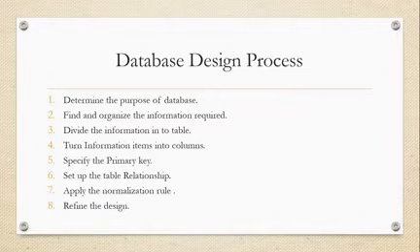In that we need to decide how many tables we require. For a college database we require a teacher entity, an administrator entity, a student entity, a library entity, and a sport entity. So we need to gather such information and then organize it. Why do we require that information? To create a table.